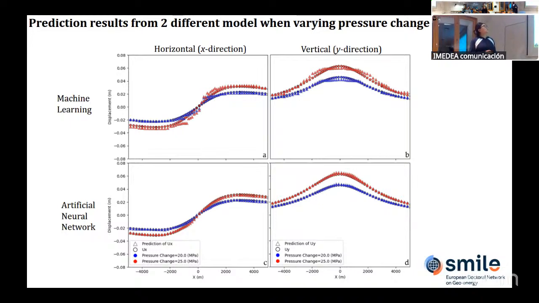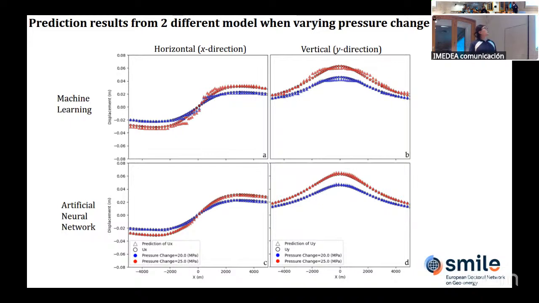And the first row is the result from the machine learning model, and the second row is the result from the artificial neural network. We can see both tools can capture the trends very accurately, but when we're comparing the machine learning and the artificial neural network, we can see the neural network has more accurate predictions along the different pressure changes.